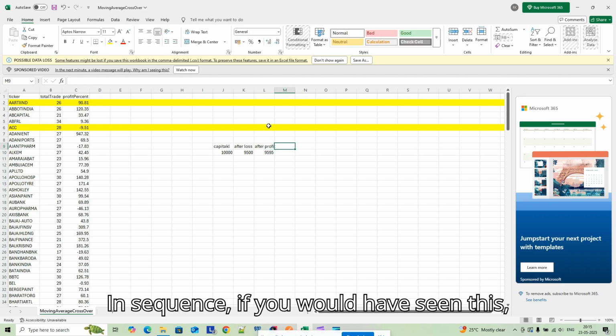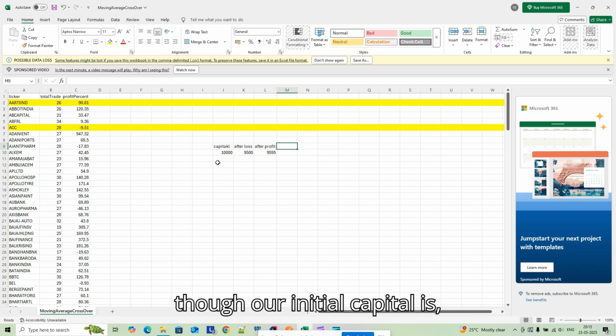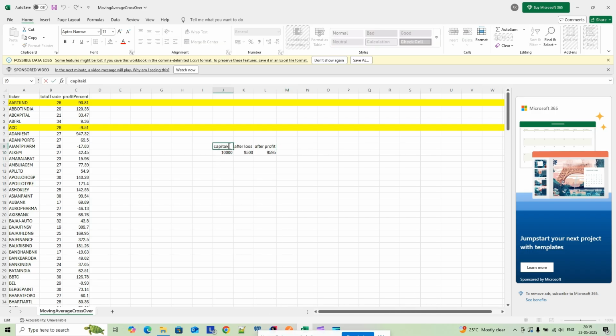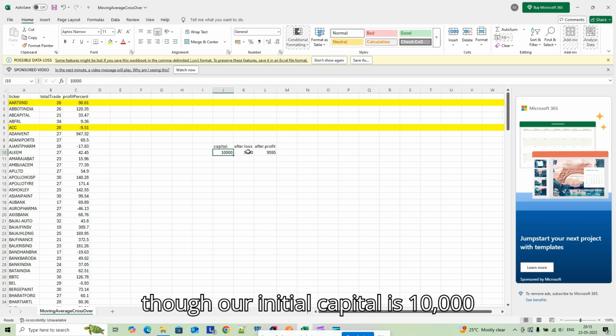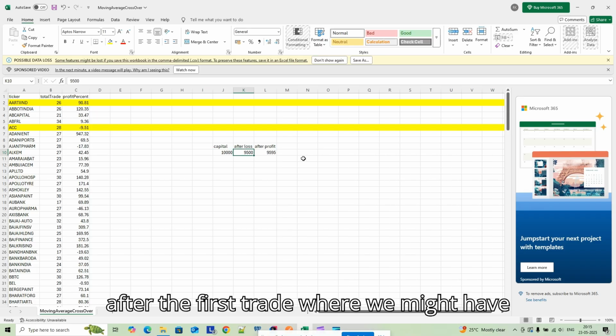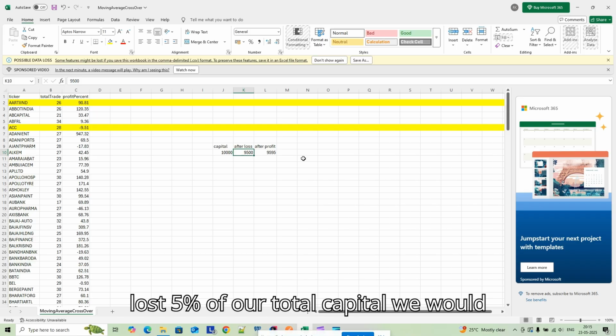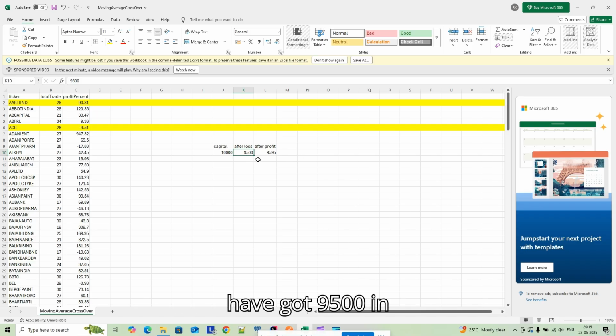Though our initial capital is 10,000, after the first trade where we might have lost 5% of our total capital, we would have got 9,500 in our hand.